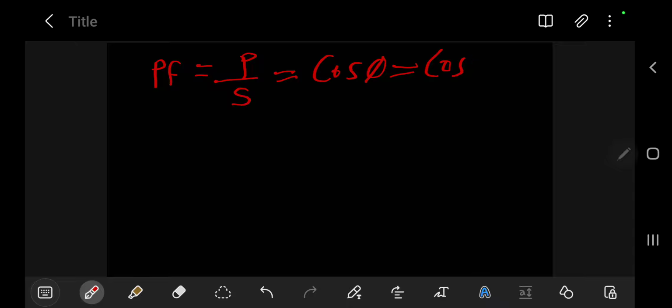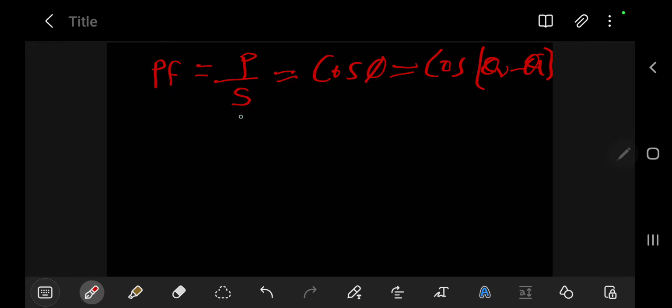Let me just open up a new page. So now recall something. You want to remember that power factor is given as the ratio of the real power to the apparent power, and this is also the same as cosine phi, but this can also be written as cosine of theta v minus theta i, where theta v is the phase angle for the voltage and theta i is the phase angle for the current.